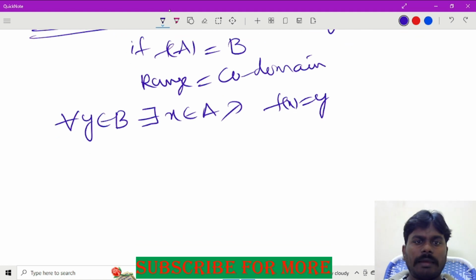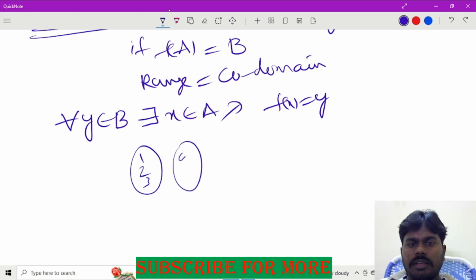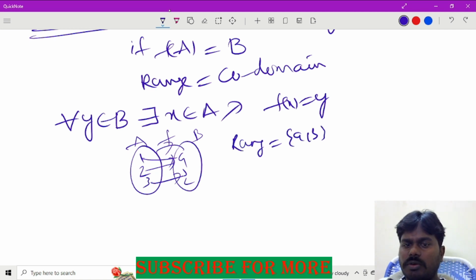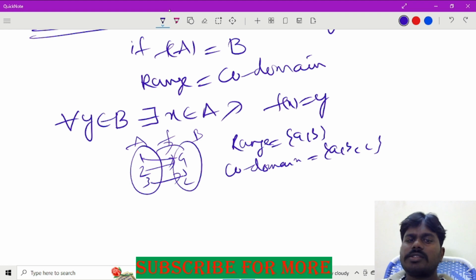Here take 1, 2, 3 in A and a, b, c in B, and suppose I am mapping like this, with f from A to B. Now see clearly, c is not associated with any element in set A, so it is not an onto function. It is simply a function, but not onto, because the range is only a and b, but the codomain is a, b, c. So the range is not equal to the codomain, so it is not an onto function.